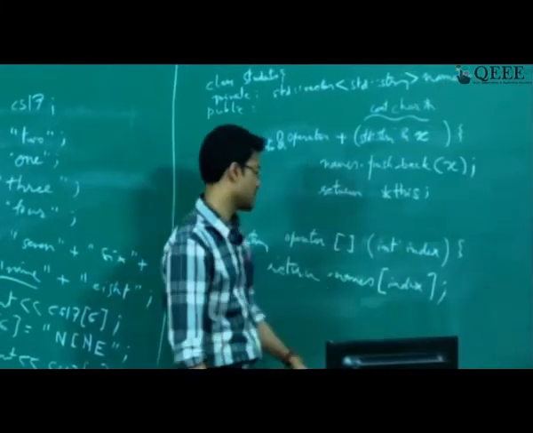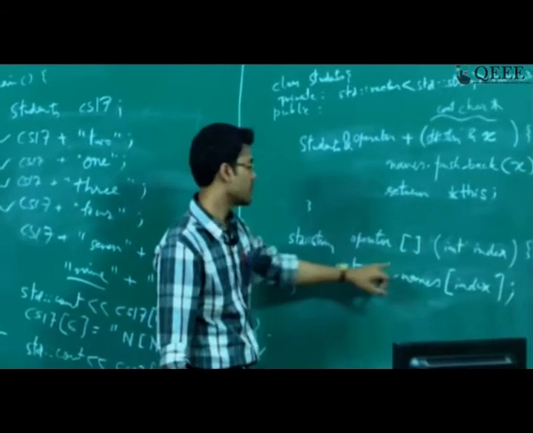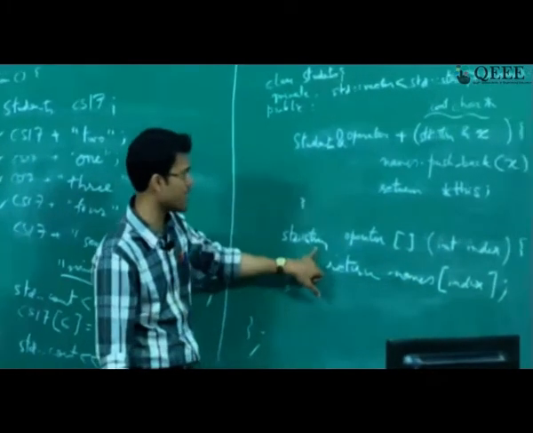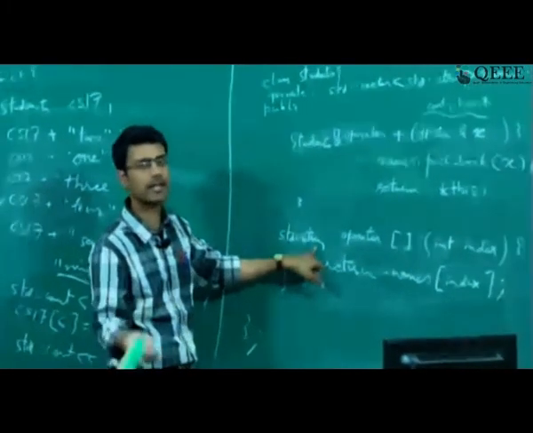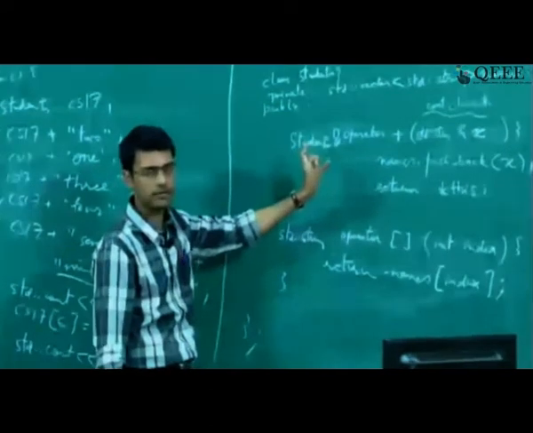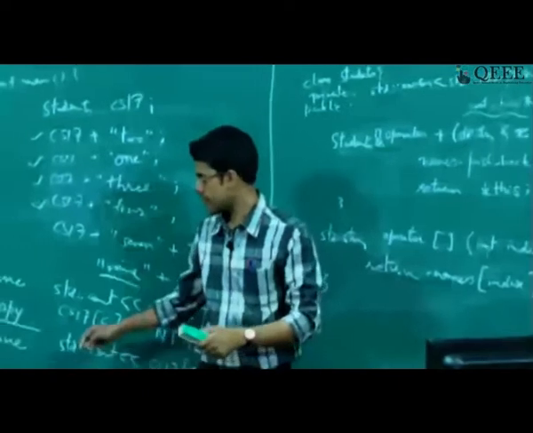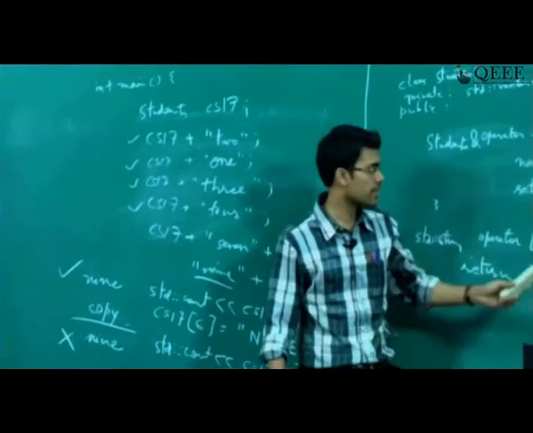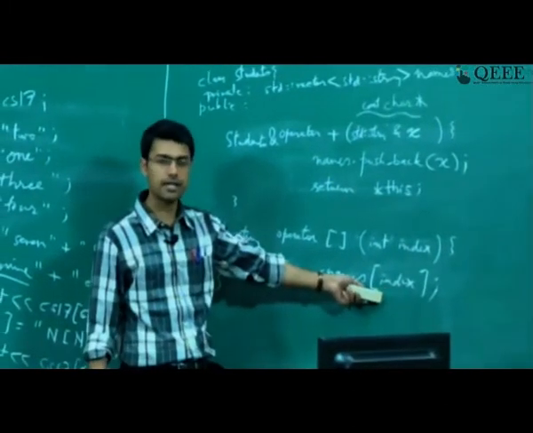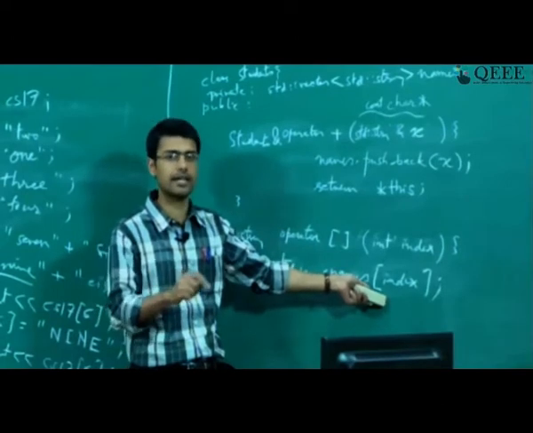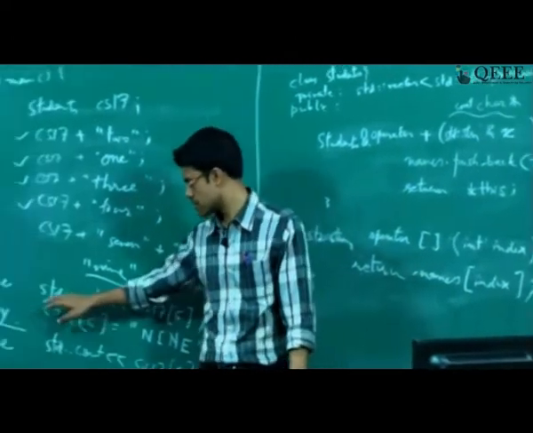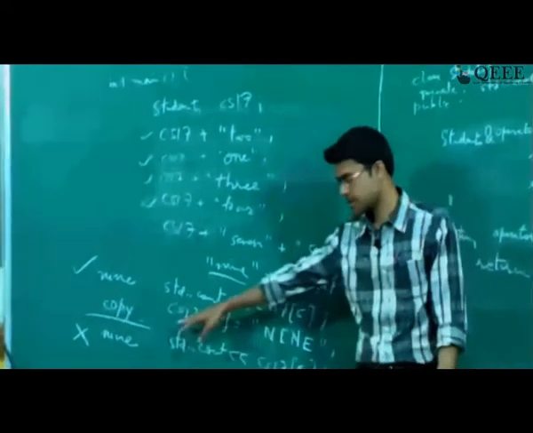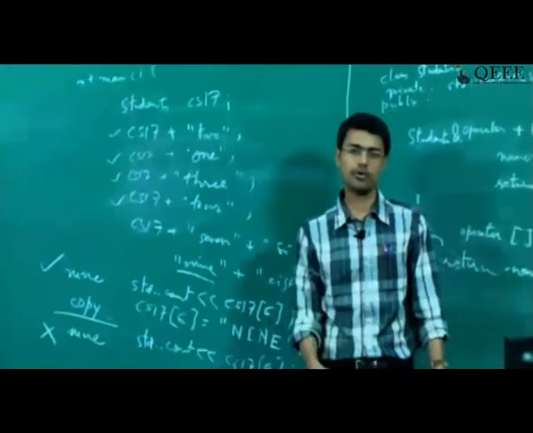The operator that we have defined is returning names of index, that is okay, but since it is returning std::string, it is returning a copy of that particular string, the 7th element, and that copy is going to get assigned the value NINE. As far as names of 6 is concerned, it is still containing the previous value, which was small 9, and therefore when we try to print CS17 of 6, it is still going to print small NINE.